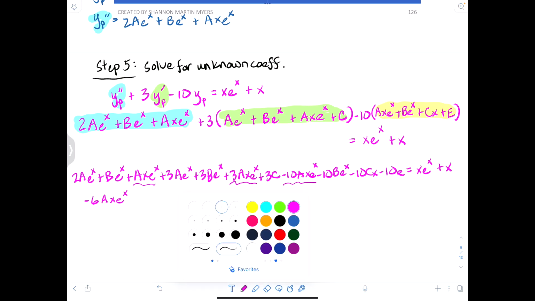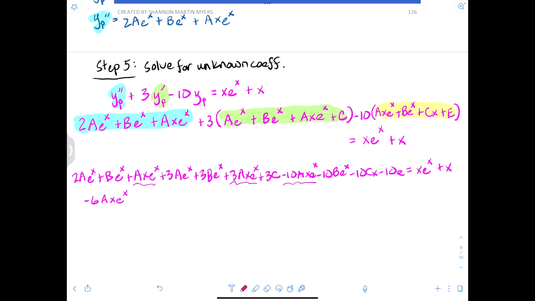And then if I go through and now combine the e to the x terms, I have a 2a e to the x, a 3a e to the x, so those combine to be 5a e to the x.